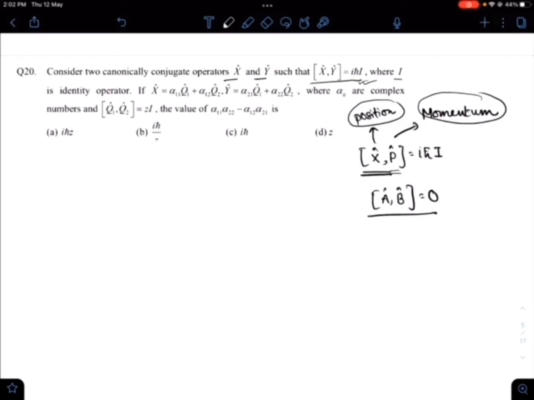Here I is the identity operator, and we are given x as alpha 11 q1 plus alpha 12 q2, and y as alpha 21 q1 plus alpha 22 q2, where the alpha ij are generally complex numbers.